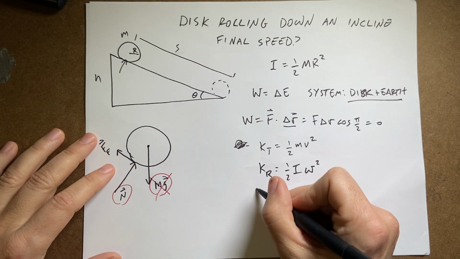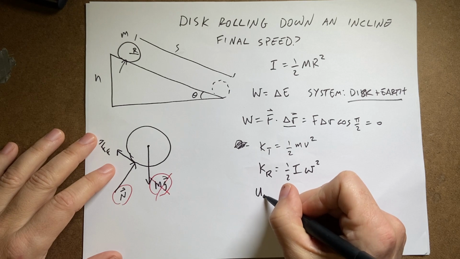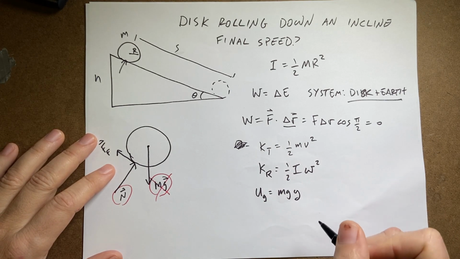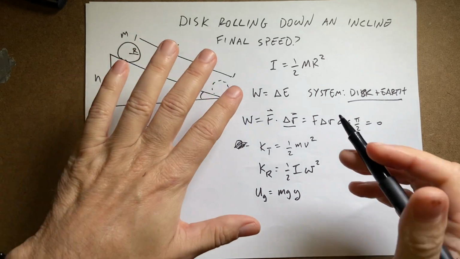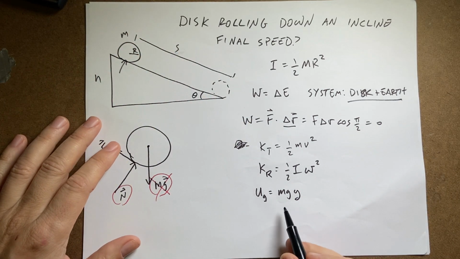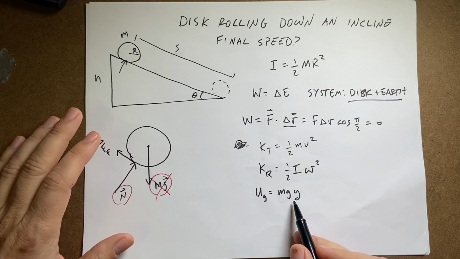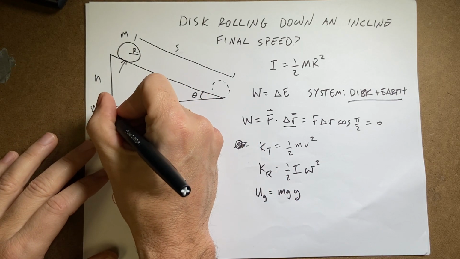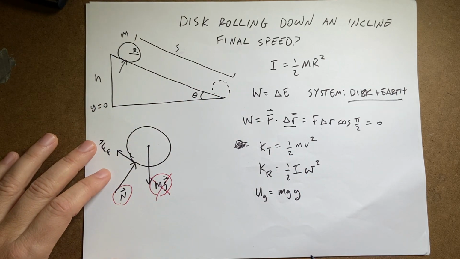And then finally, I have gravitational potential energy, U G, which is mgy. Now, all of these don't matter. What matters is the changes in energy. That means I can pick whatever value of y I want to calculate this, and I'm going to go ahead and say y equals 0 down there.